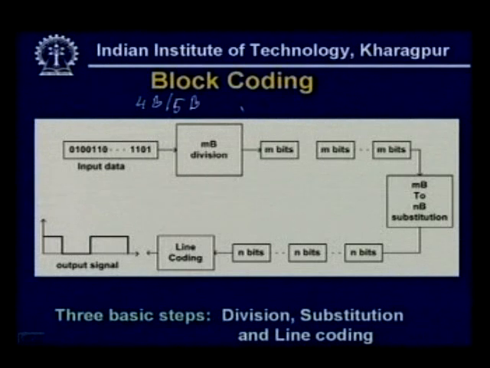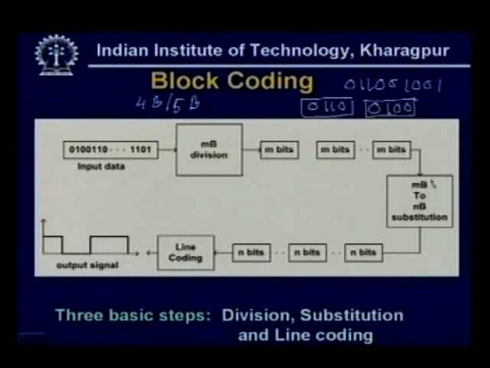If the input data is say 0 1 1 0 0 1 0 0 1, then it will be divided into 0 1 1 0, this is one block, then 0 1 0 0, another block. So, this is how it is divided, in terms of M bits.